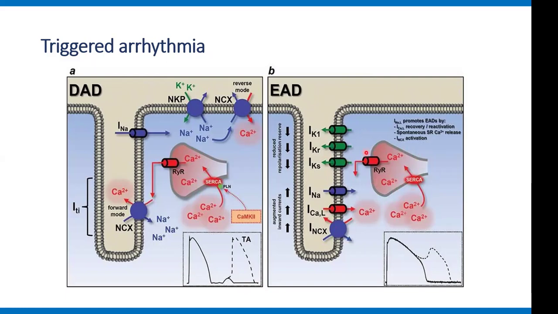This is because, like I said, calcium is going in, sodium is going in, and then potassium is pushing these out. Once these create an imbalance in the membrane potential that is high enough, then it can trigger this early afterdepolarization. But the fundamental ion imbalance here is calcium overload via different mechanisms. Okay.